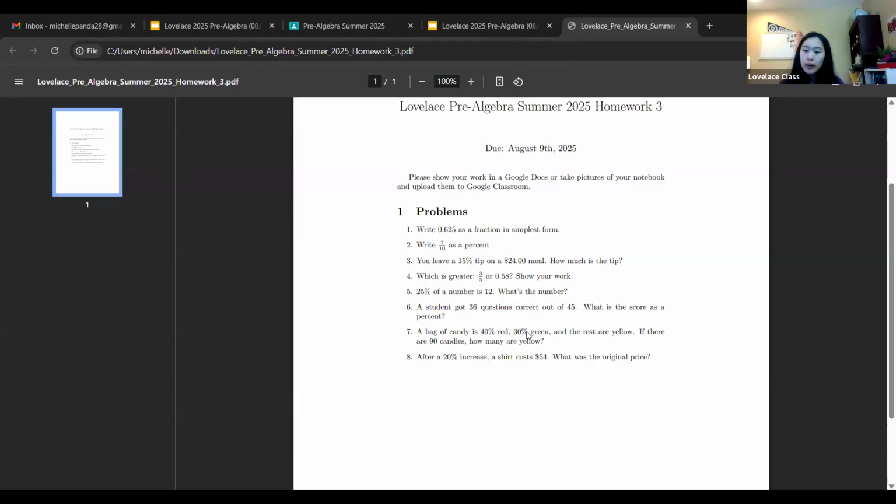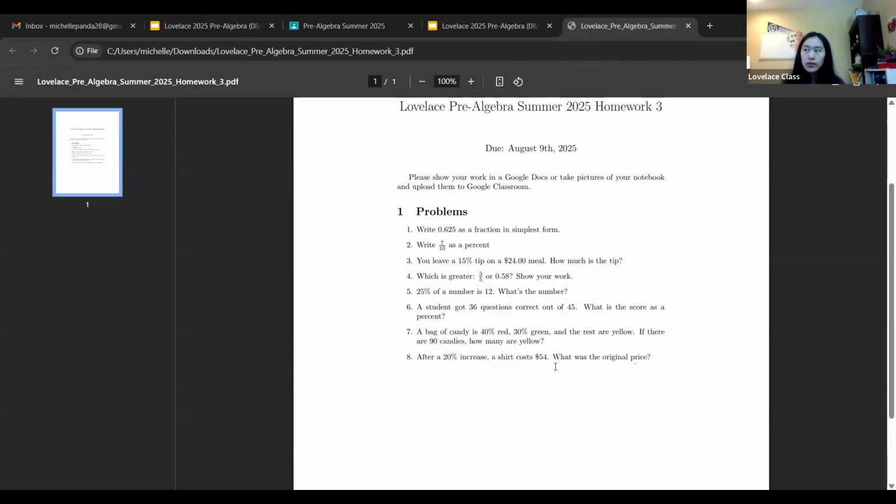Since the rest are yellow, 100% minus 70% is 30%. So 30% are yellow. If there are 90 candies, you multiply 30% times 90, which equals 27.